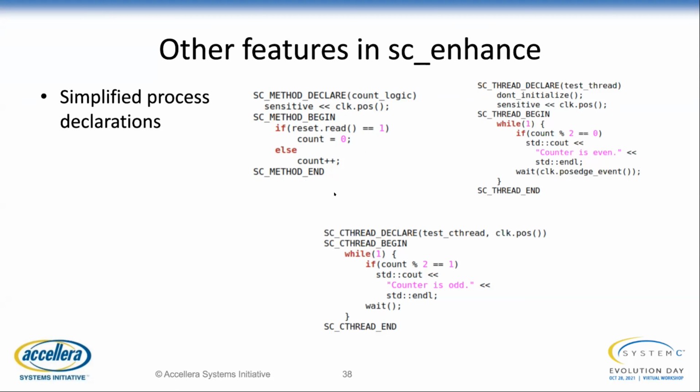You don't have to do it in the constructor or in a function. You can do it in the body of the SystemC module. And the same for threads. Like if you want to do a don't initialize, you can also do it here where you do the sensitivity list. And also for clocked threads, you can use similar macros, and you have to pass the clock event as an argument.